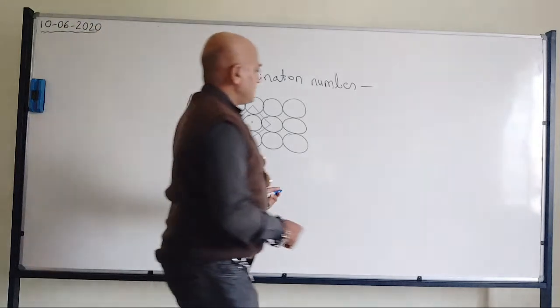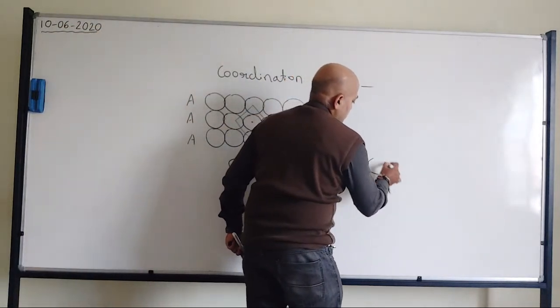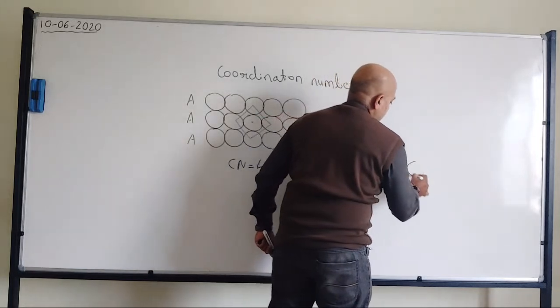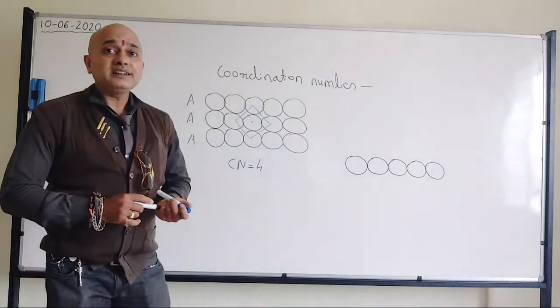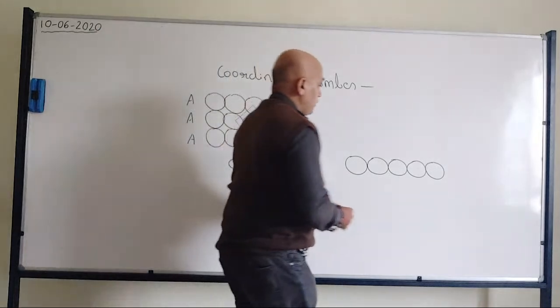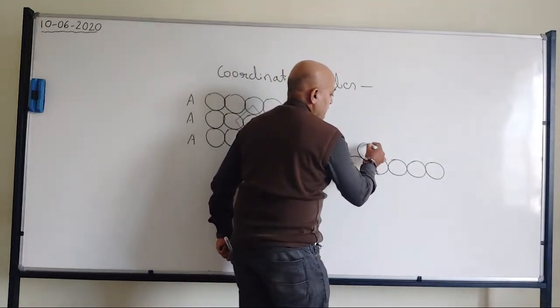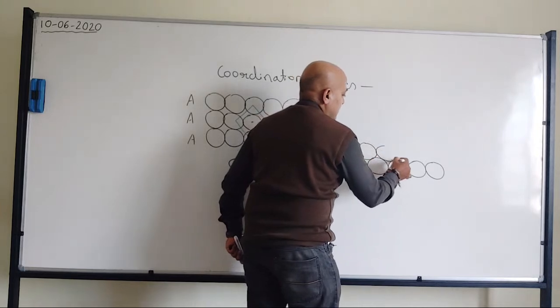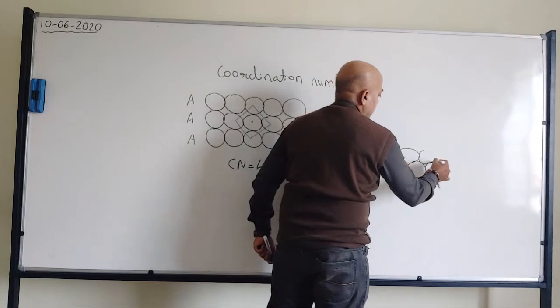This is one thing. Now I will have another one. Whatever I have written is one dimension, one row. Now the second row, observe it carefully. When I am placing the second row, I am placing it exactly in between, not exactly above the lower atoms.